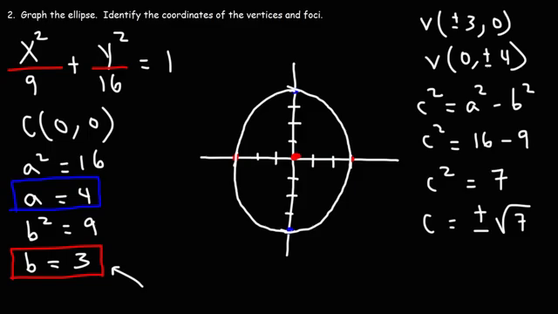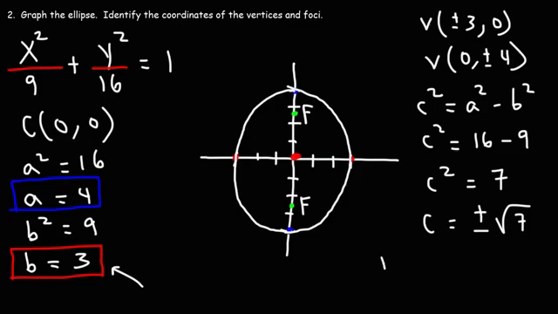Now the square root of 7 is about 2.6. So the coordinates of the foci will be in this region. It's in the same direction as plus or minus a, which is along the y-axis.